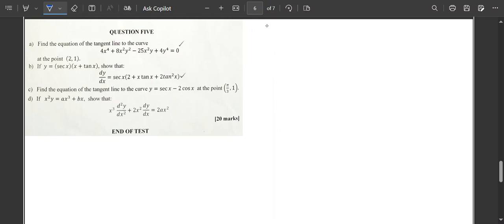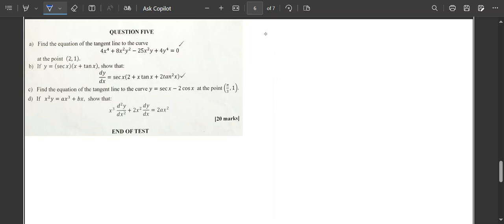To find the equation of a polynomial like this, we differentiate, get the first derivative, then substitute the value of x, and we'll be able to find the gradient. From there we use the straight line equation to find everything needed. So how do we do that?